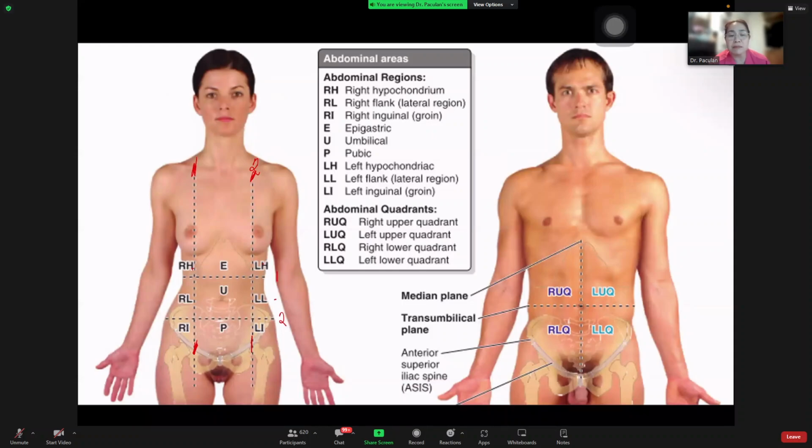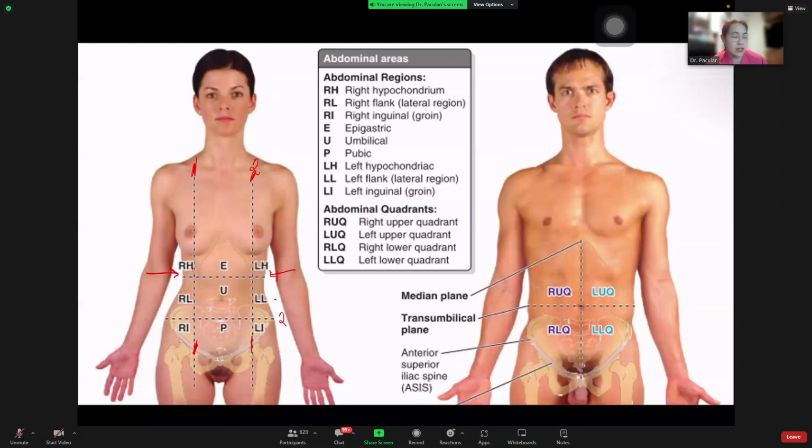These are subcostal planes passing through the inferior border of the 10th costal cartilages on each side. You also have your transtubercular planes passing through the iliac tubercles and the body of the L5 vertebra. So that's one.